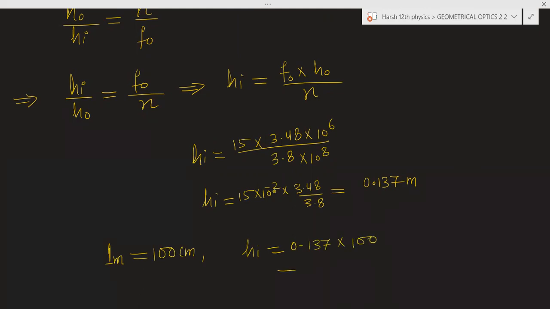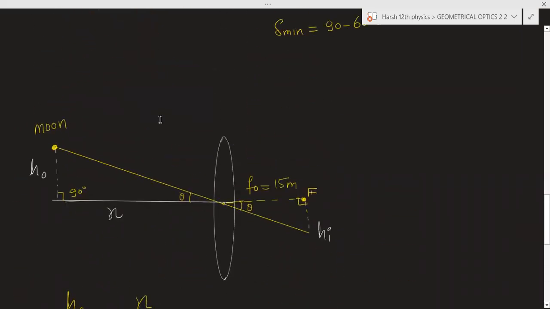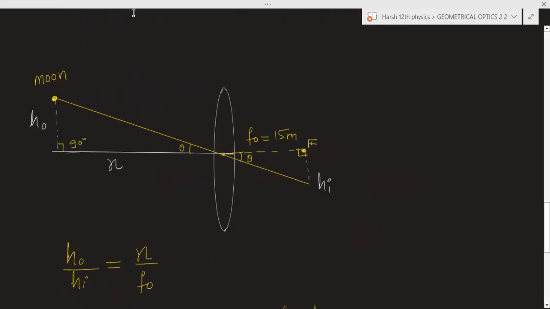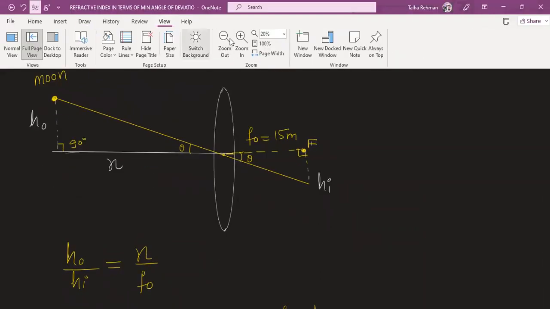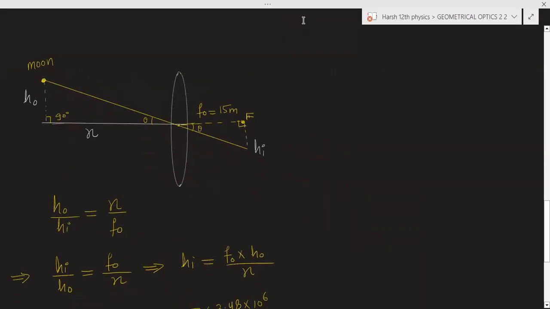Your answer will be approximately equal to 13.7 centimeter. Okay, yes, this is also the right answer. Please write it down. So you have to remember here we are using the similarity of triangles concept.